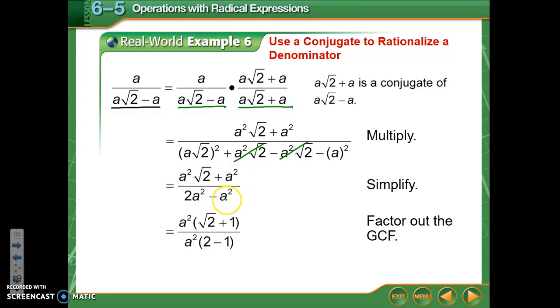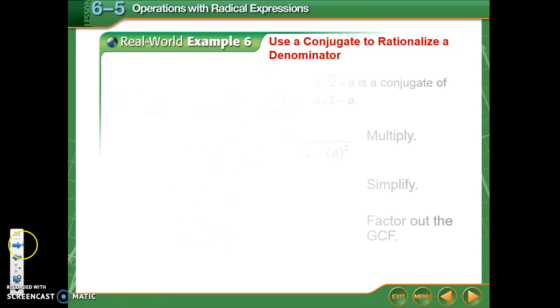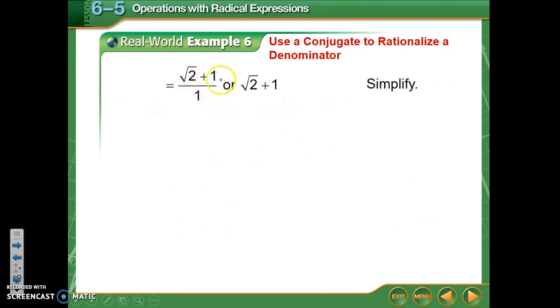What they're showing you here is that I'm factoring an a squared out of both the numerator and the denominator, and then that divides out, so that I'm just left with the square root of 2 plus 1 over 1, or just the square root of 2 plus 1. So if you can factor and cancel, or factor and simplify, you should do that. All right, that's the end of this video, and I will see you in class to practice simplifying more radicals.